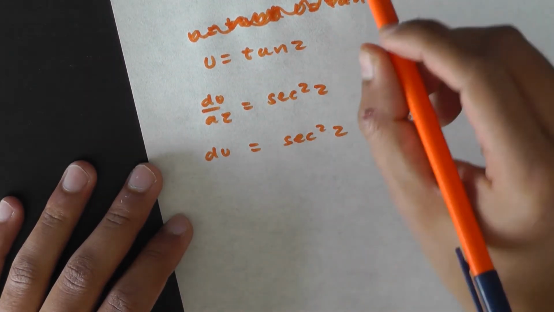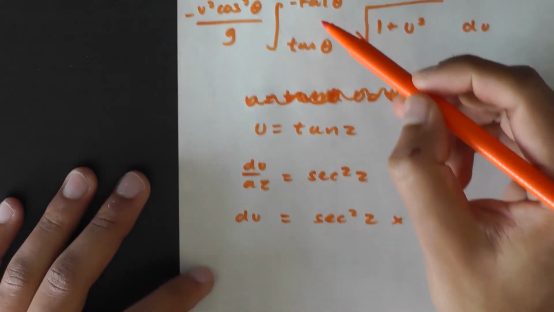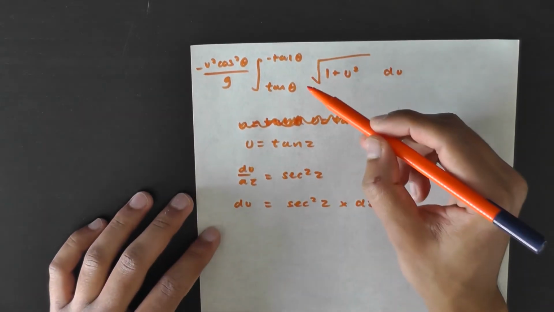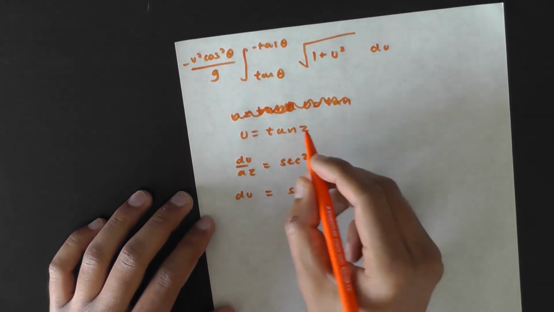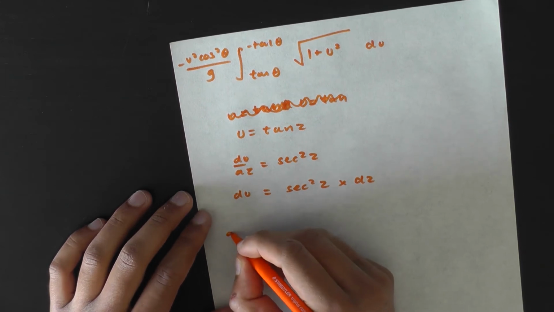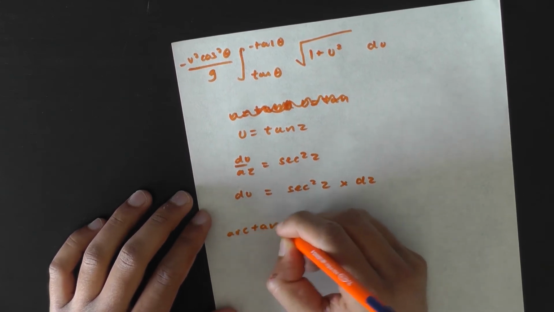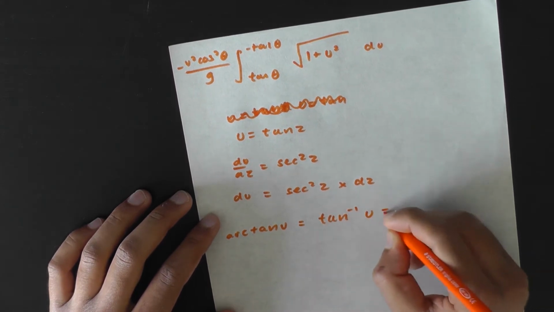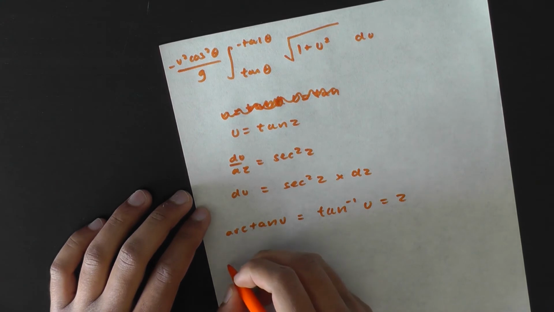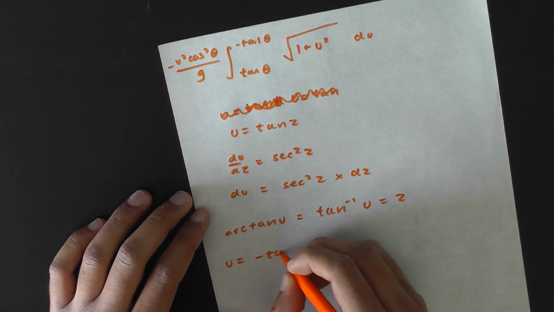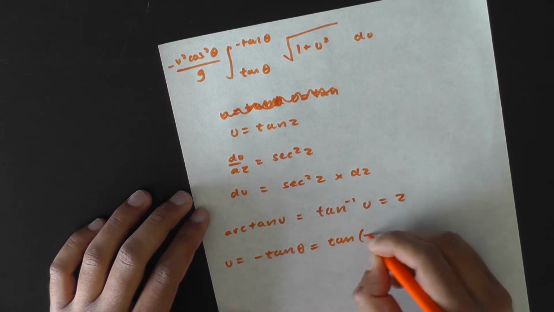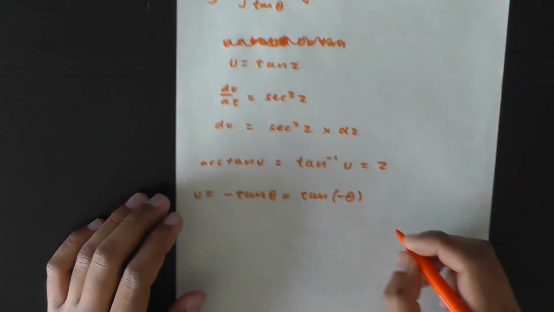Okay, now let's also find these bounds in terms of z. So if u equals tan z, then arctan u equals z, right? So if my value of u equals minus tan theta, which is also the same as saying tan of minus theta, if you look at the angles, this is how it works.